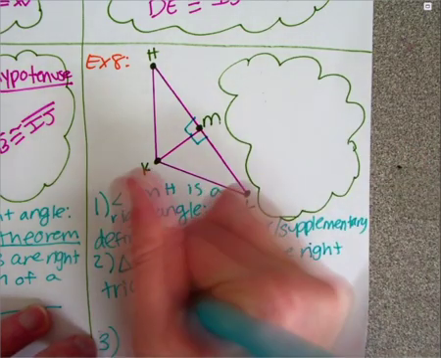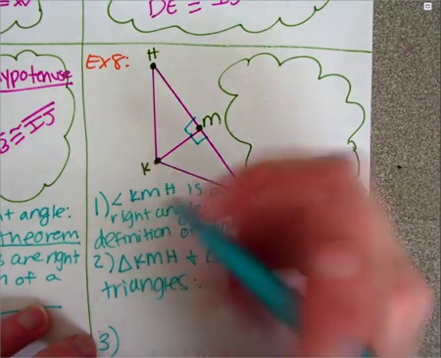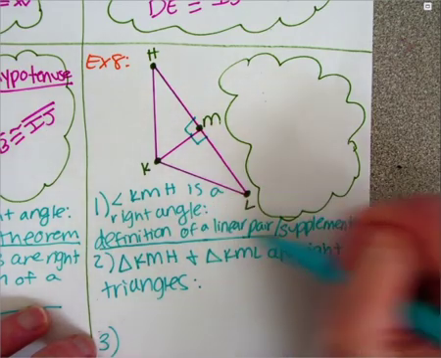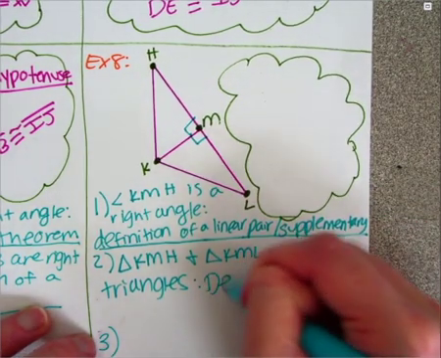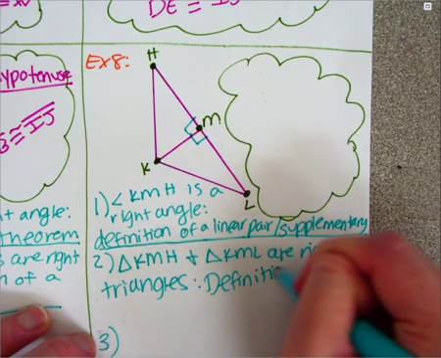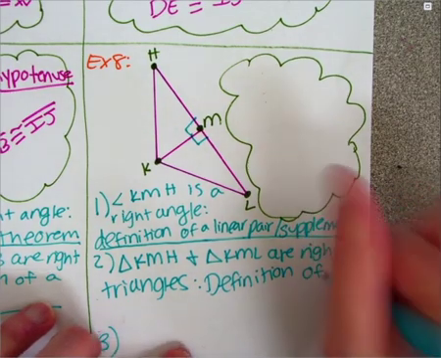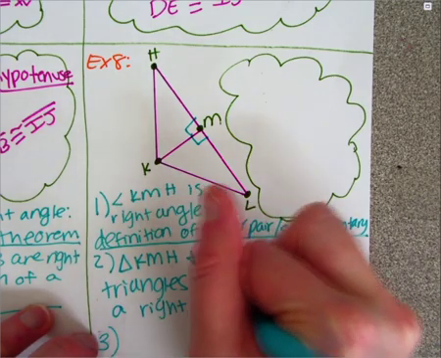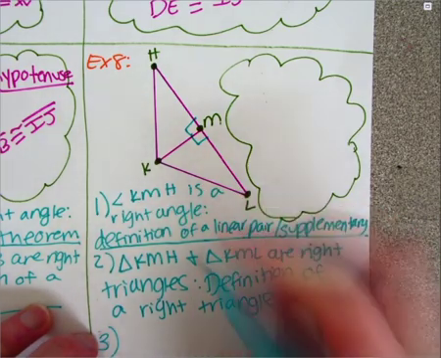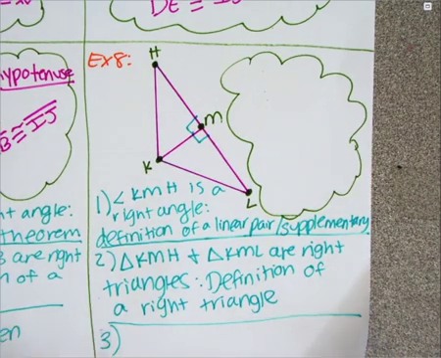And how I know that is because I have a right angle, and that is what it means to be a right triangle. So that's the definition of a right triangle.